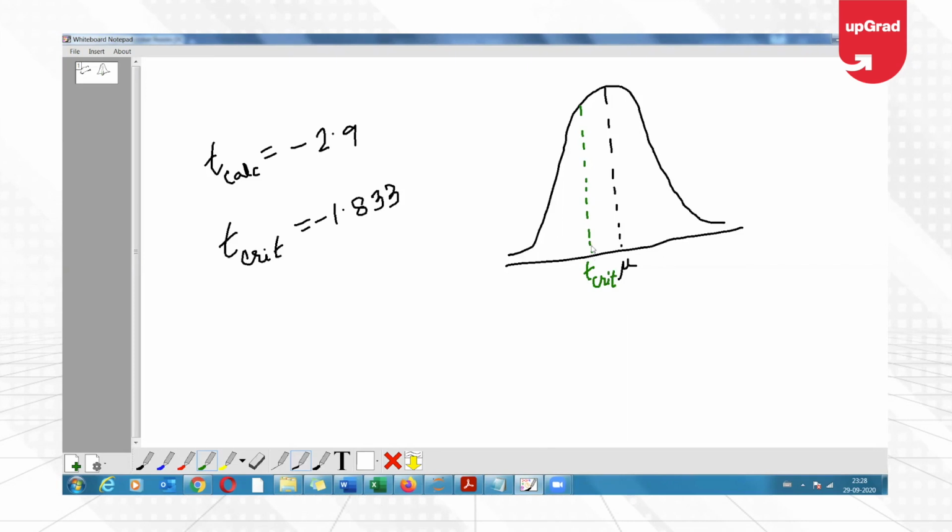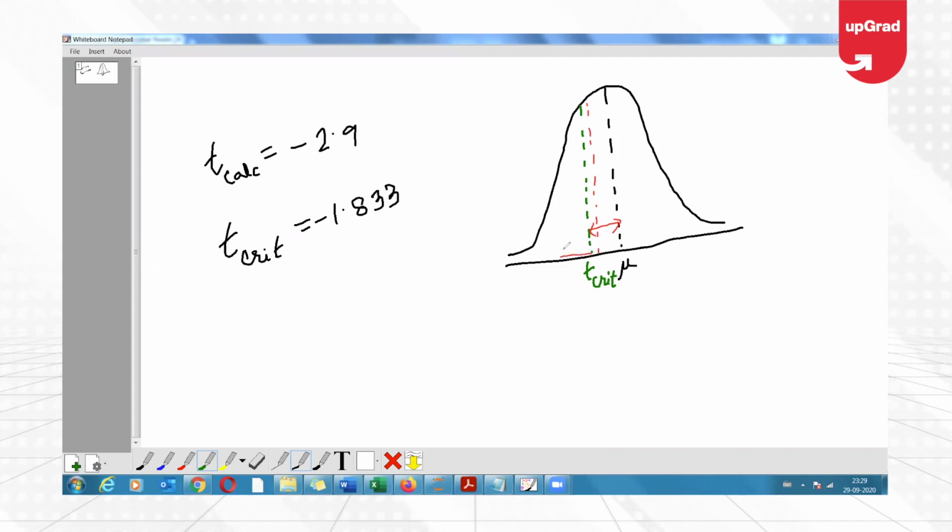Now the significance of T crit is that T calculated should be between mu and T crit. T crit is the maximum point beyond which I'll reject the null hypothesis. So here, if I can find a T calculated anywhere between here and here, say here, then I cannot reject the null hypothesis.